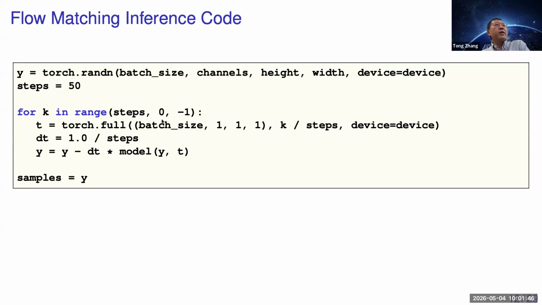T is 1, and then 0.98 the next one, divided by 50: 0.98, 0.96, and so on, down to 0. And then dt is 0.02. And then you just run inference, and that's all, right? So basically, that's the inference. Both are simple. This is Euler.